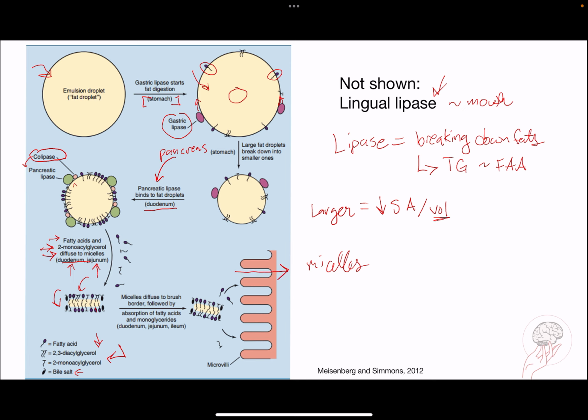And so that's what we see here. We also see absorption of these monoacylglycerols, free fatty acids. These are all small enough to just diffuse into the cell. And we're able to do this because our cells have phospholipid membranes.